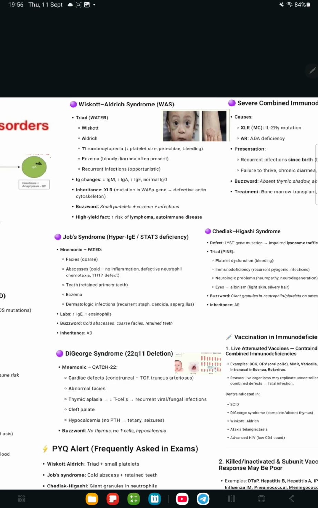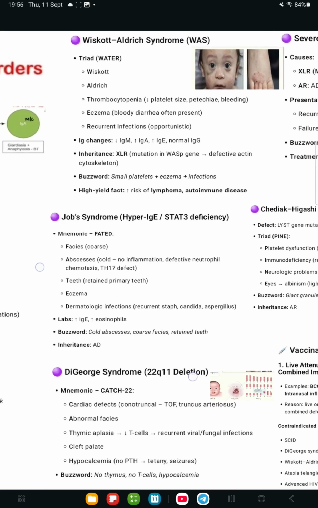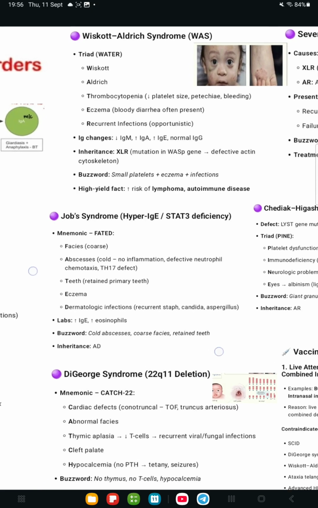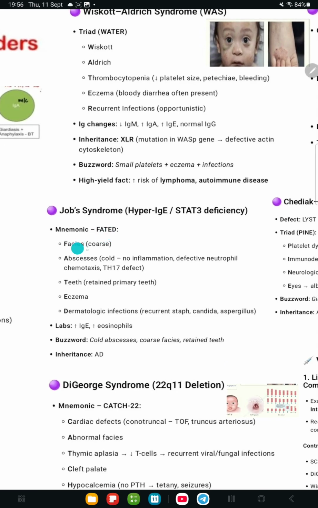Second condition we have is Job syndrome, that is hyper IgE and STAT3 deficiency. The mnemonic is FATED. We can remember it like most of us are fated to do a job, right? In FATED, F is facies, that can be coarse. A is abscess. Abscess we have to remember is cold.